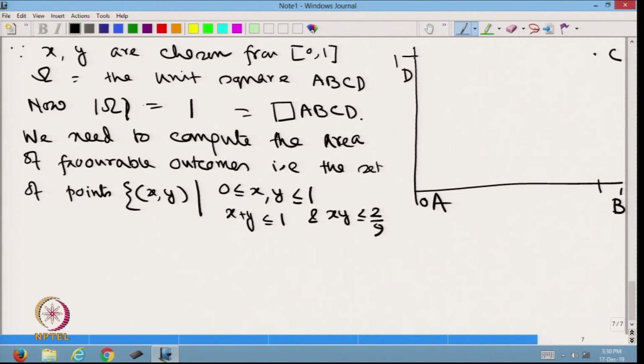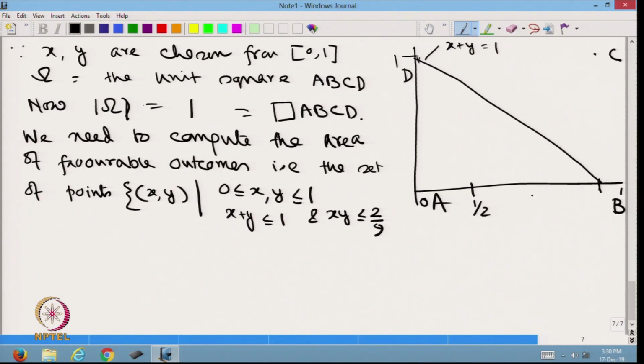So, let us first draw this line. This is the line x plus y is equal to 1. Therefore, we know that the points will lie only in this region.